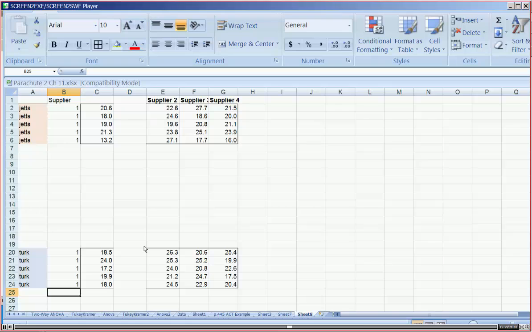This was supplier 1. Supplier 2. Five values. Supplier 3.